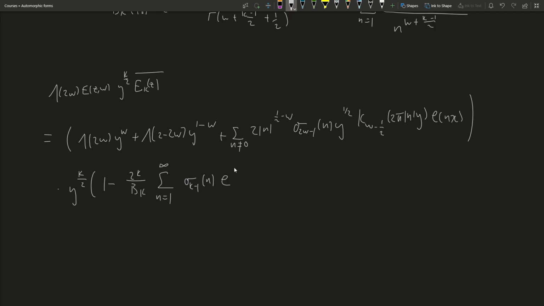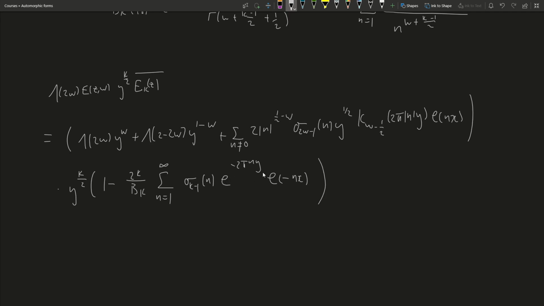And then here you can write this as e to the minus 2 pi n y, e of minus nx, because when you take the complex conjugate, it turns the e to the 2 pi i n x into an e to the minus 2 pi i n x.